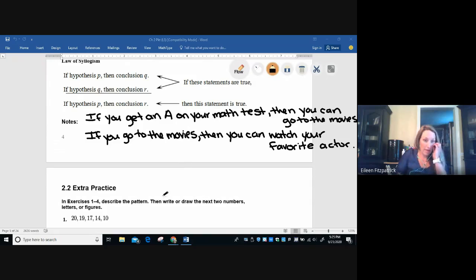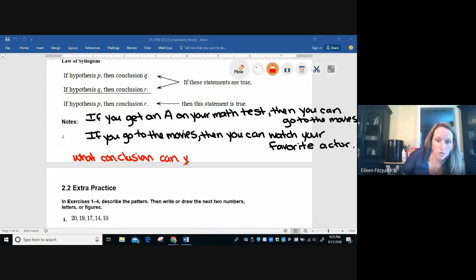Okay. So again, if you get an A on your math test, then you can go to the movies. If you go to the movies, then you can watch your favorite actor. And my question to you is, what conclusion can you make? Now, we're going to assume that these are true if-then statements. They have nothing to do with definitions, but we're just going to assume they're true.